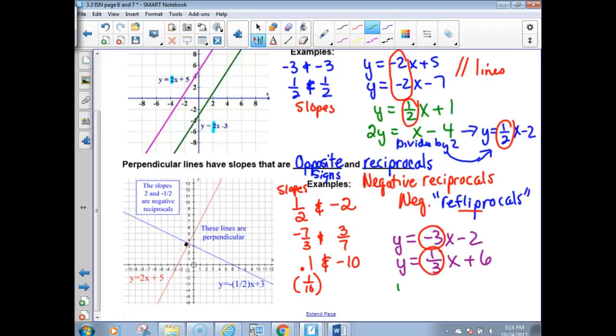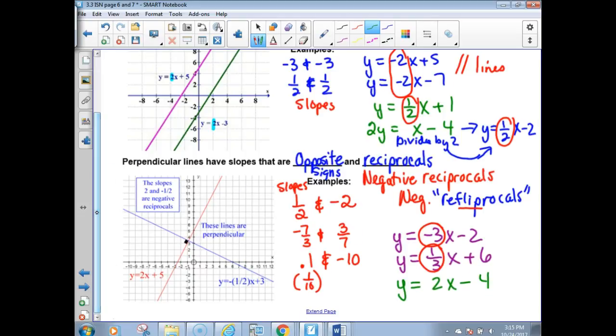Another example, y equals, say I had 2x minus 4, and then I went and said, well, what if I had this equation? 2y equals 4x minus, oops, I want to change that, I'm going to put plus 10.